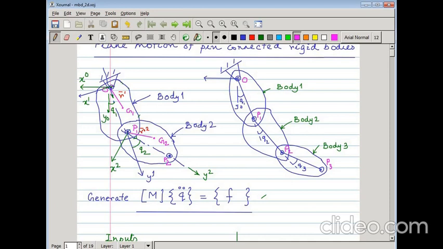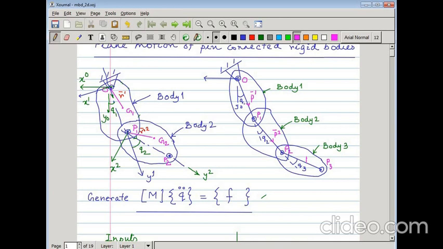And this vector, O to G1, is R1, O to G2 is R2, and from O to P1 we will call it P1. P1 to P2, this vector we call P2, and this vector we call P3.